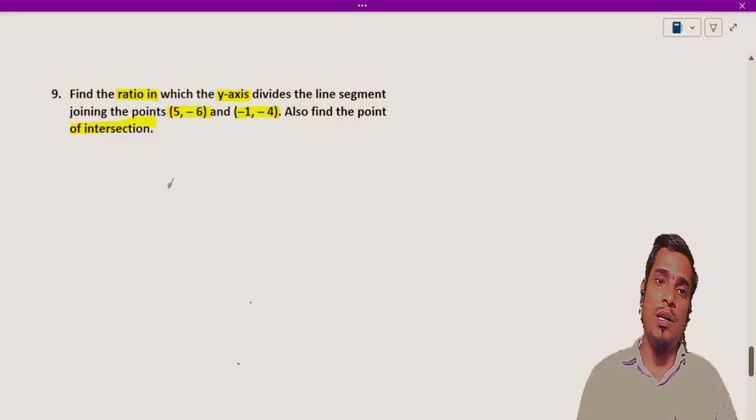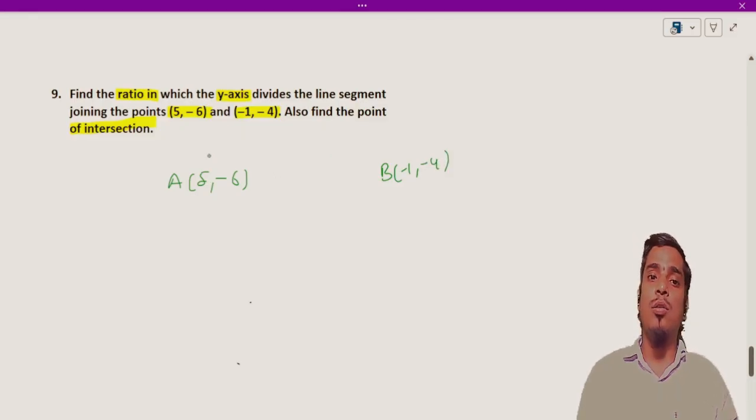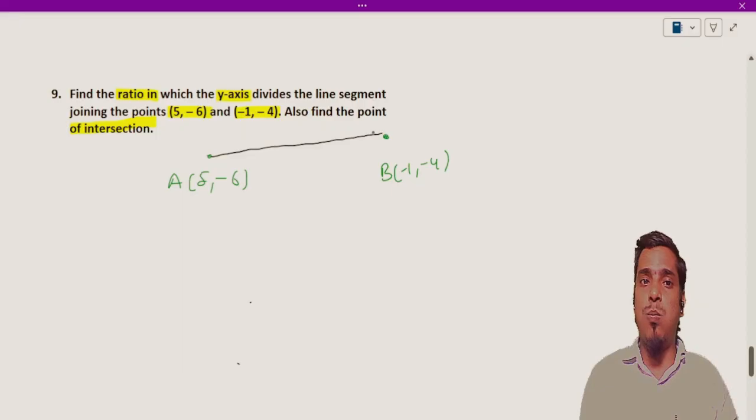Let's say point A is (5, -6) and point B is (-1, -4). We need to find a point on this line segment which is actually on the y-axis.